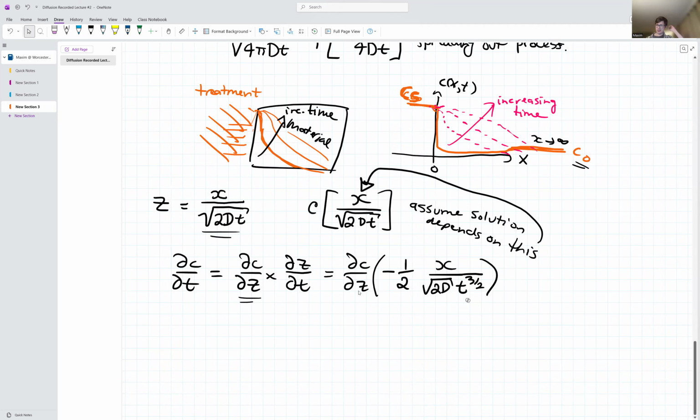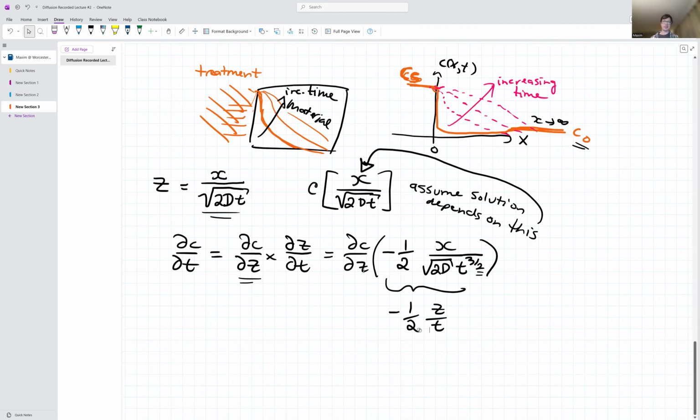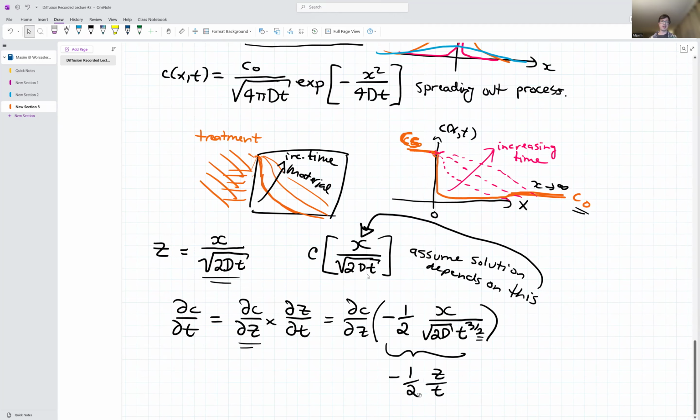And what this is actually, we can rewrite this part as minus 1/2 times x over the square root of 2D, and we can absorb one of the square root of t, and we actually get z divided by t. We'll see that that'll help us once we combine everything.